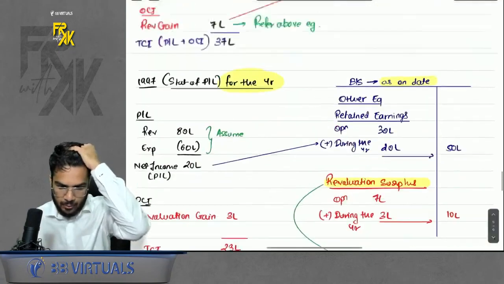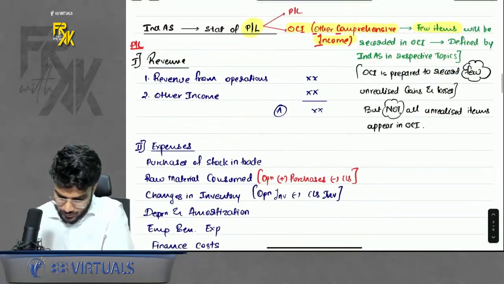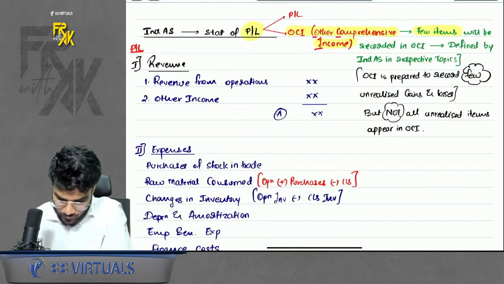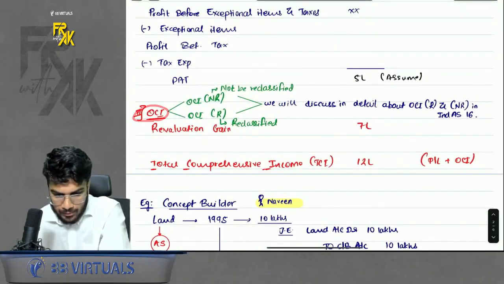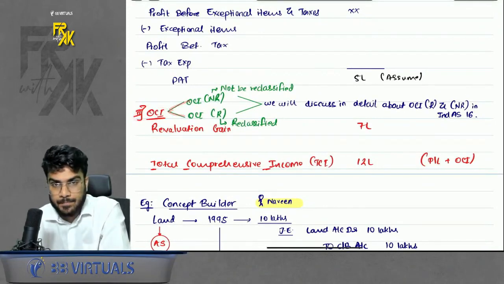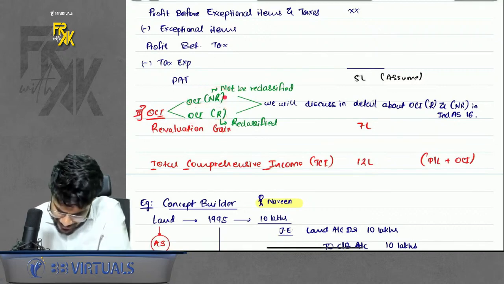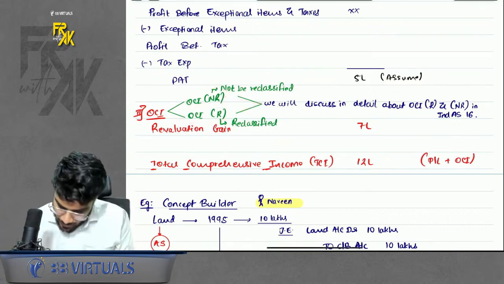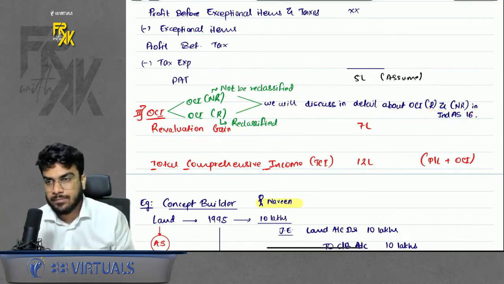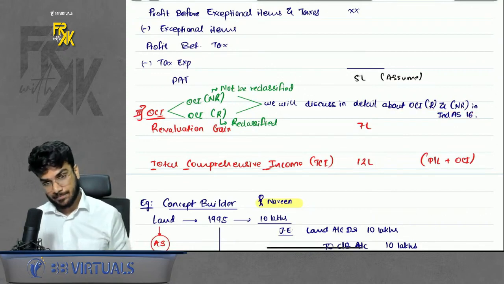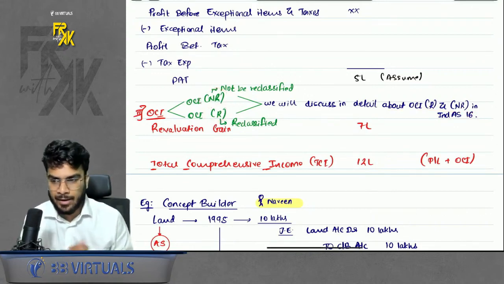When we studied under Schedule 3, we studied about profit and loss and OCI. Under OCI, yesterday I had told you that there are two categories: OCI NR and OCI R. What is this R and NR? We don't know. I had said that we will discuss in detail about R and NR in Ind AS 16. The time has come, my friend. What is the difference between this OCI NR and OCI R?